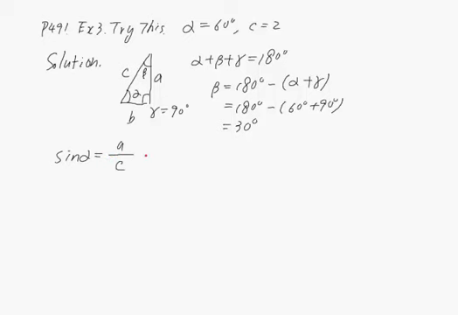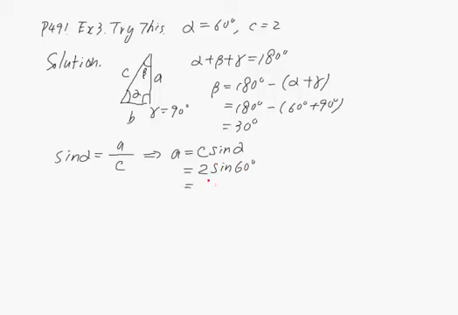So we multiply both sides by C, then we get A equal to C times sine alpha. C is equal to 2, and alpha is equal to 60 degrees.